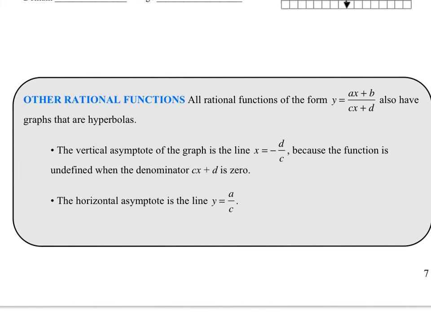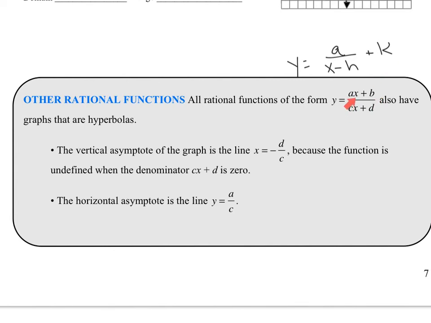Now this next section we're going to deal with rational functions that are not in the same form that we've been looking at before. So all the forms that we looked at before were a divided by x minus h plus k. So that's when we found the locator point h comma k. Now we have rational functions that are still considered hyperbolas but not in the exact form that we've been working on.